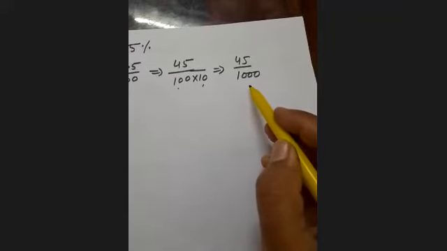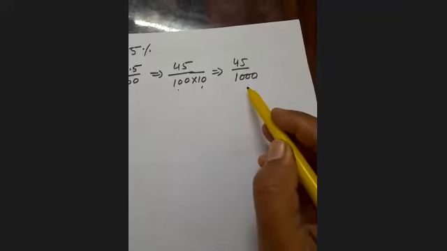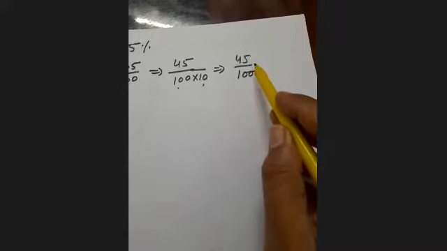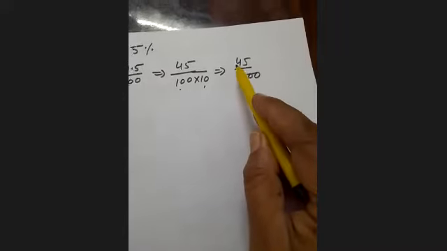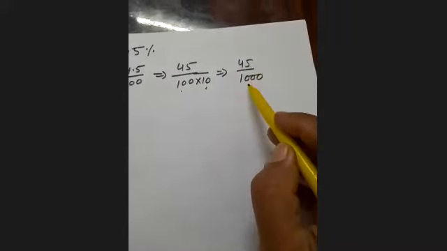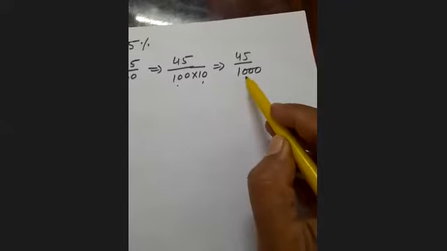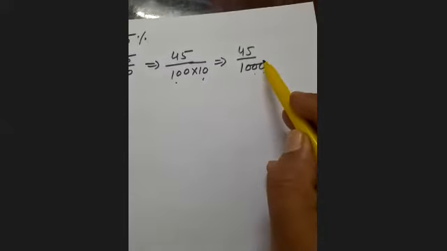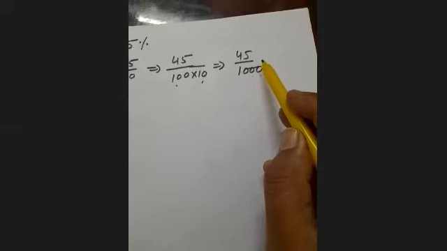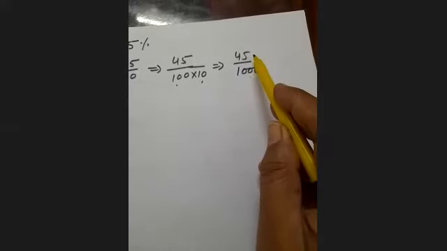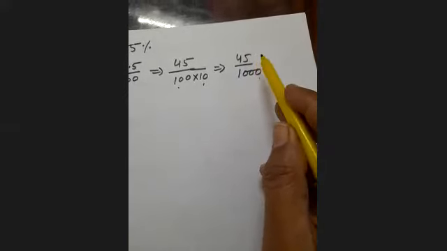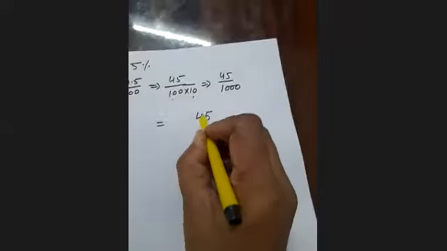Now, students, write this number as a decimal number. In the numerator, we have 45, 2 digits, 4 and 5. But in the denominator, we have 3 zeros, 1, 2, 3. So we'll put the decimal point after 3 digits. But in the numerator, we have only 2 digits, so we'll write 5, 4, then 0.